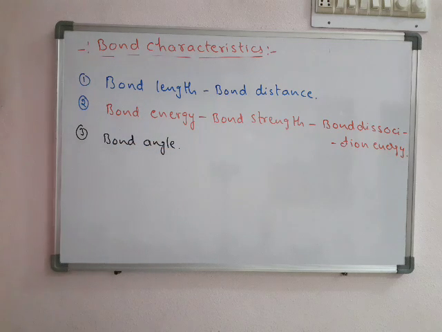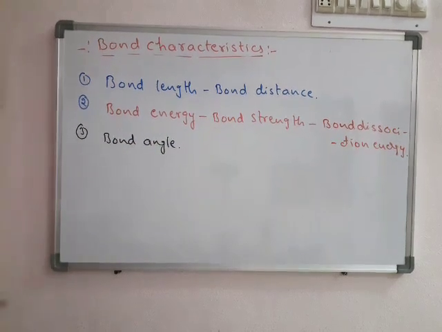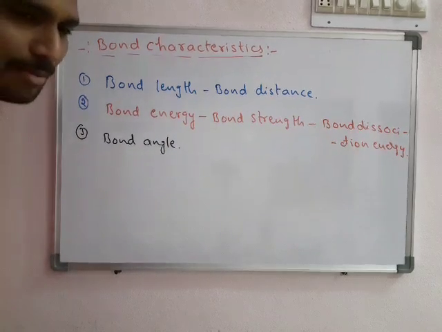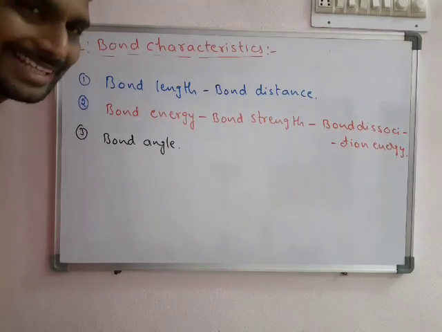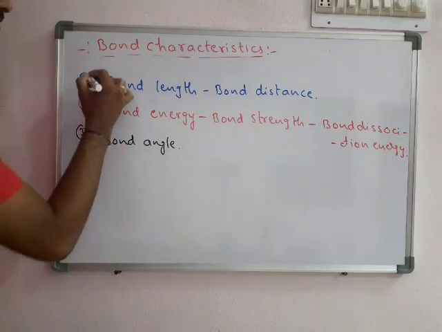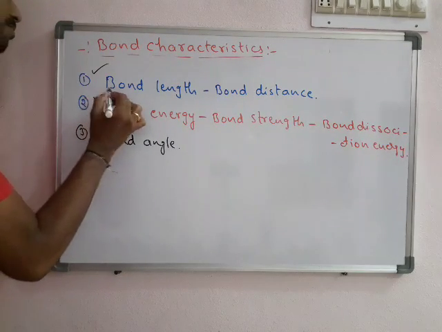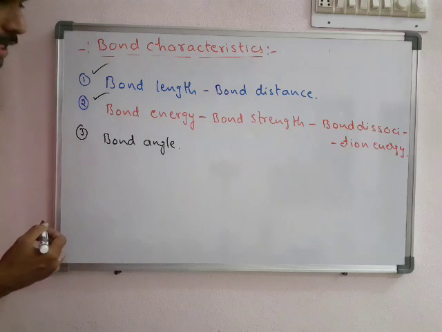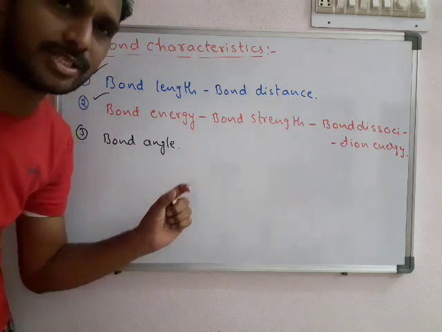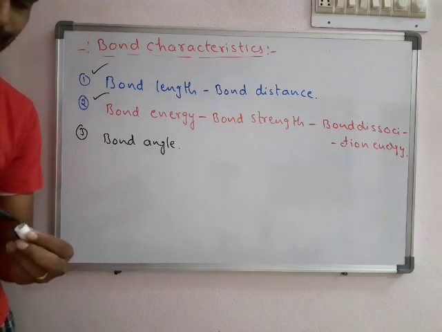Bond angle. These are the three main parameters, the three main characteristic properties of a bond. Of these, the most important are bond length and bond energy. Now we discuss each one in detail.